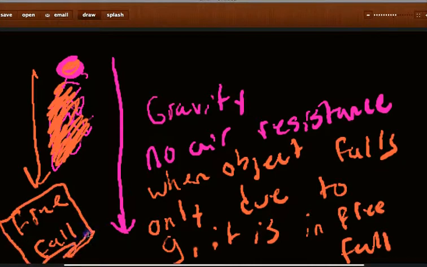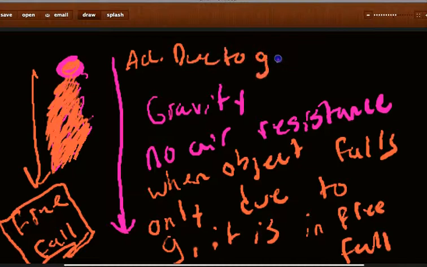Now, acceleration due to gravity. When an object's in free fall, gravity has a constant acceleration. Acceleration due to gravity is always equal to 10 meters per second squared.